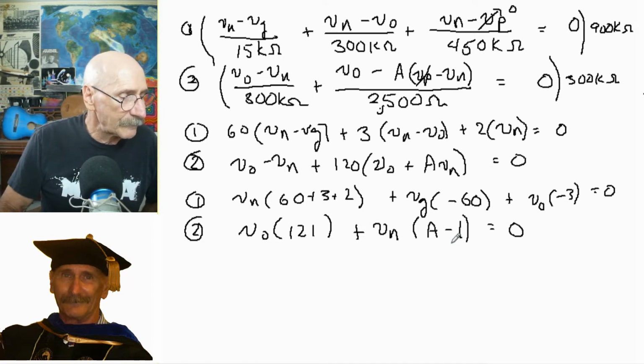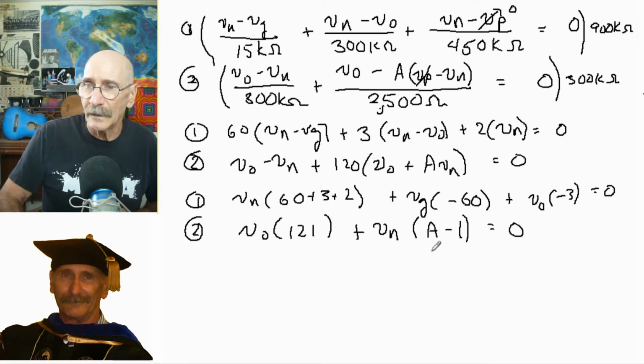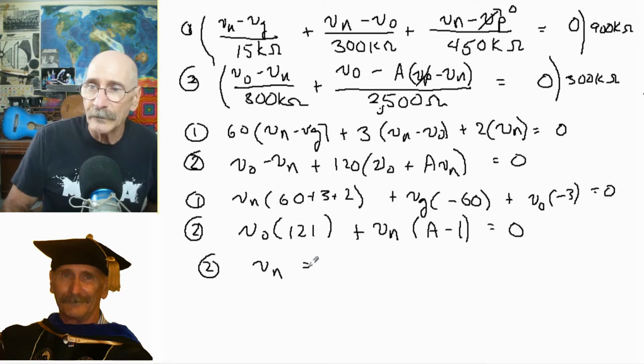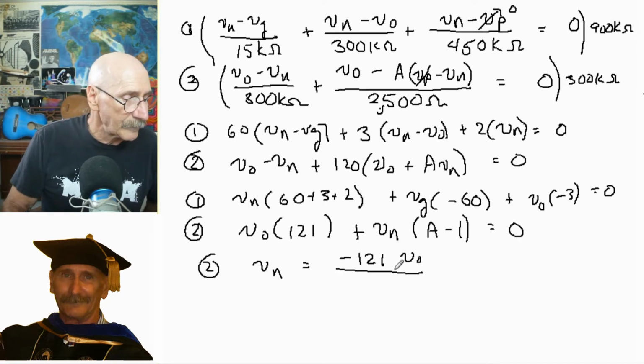So let's solve for Vn. In equation 2, we get a solution for Vn equal to minus 121 Vout divided by 400K minus 1.